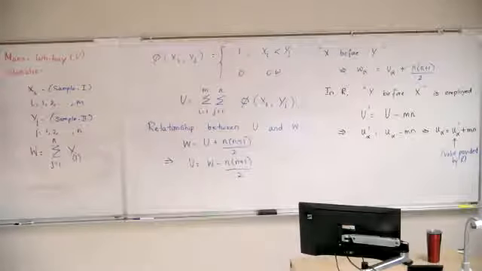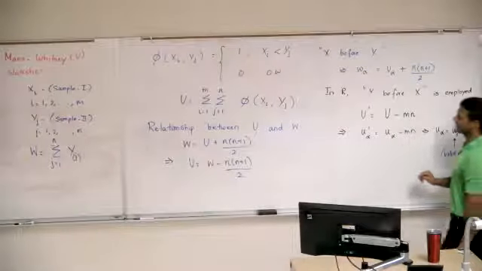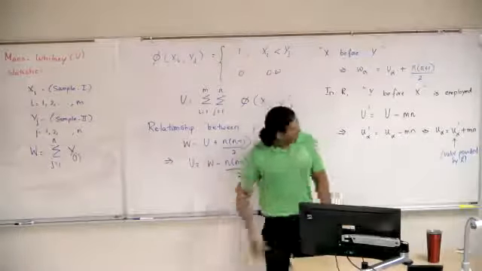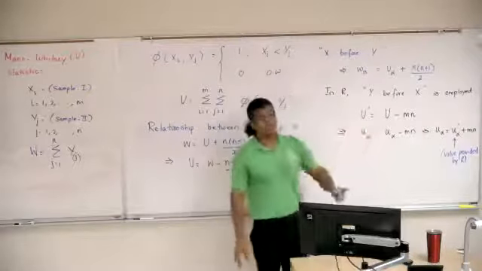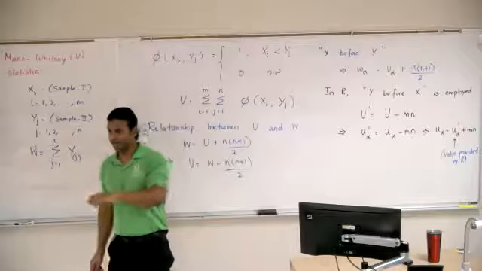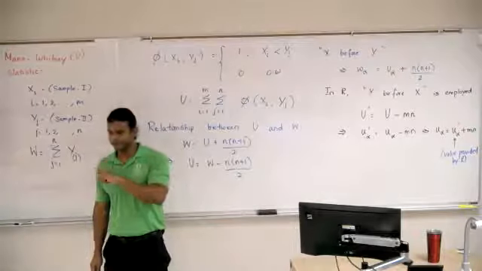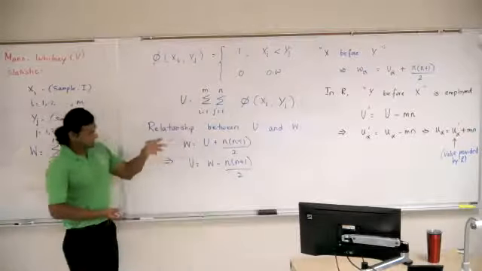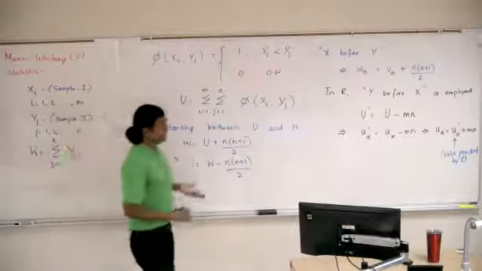In a similar manner, if we find the W statistic, we have to convert it to U. U needs to be converted to U prime, and then put in R to find the P value. Does that make sense? So this relationship matters.